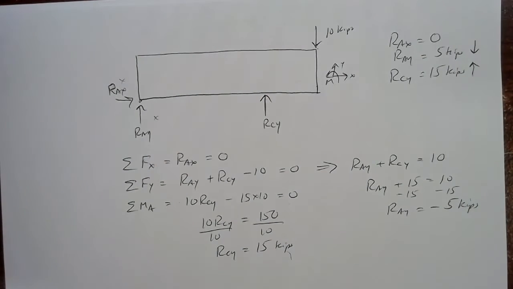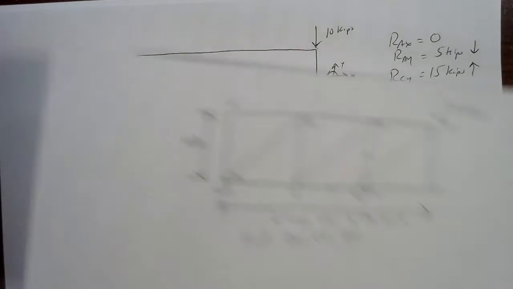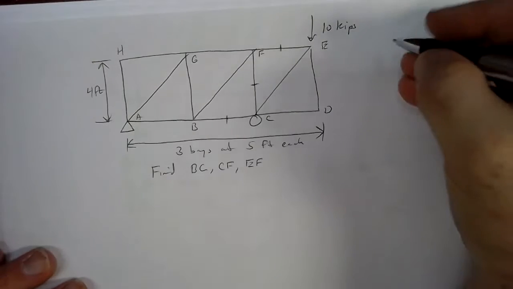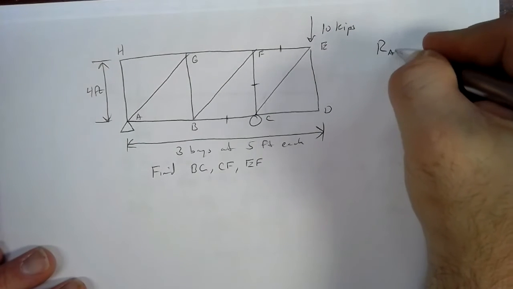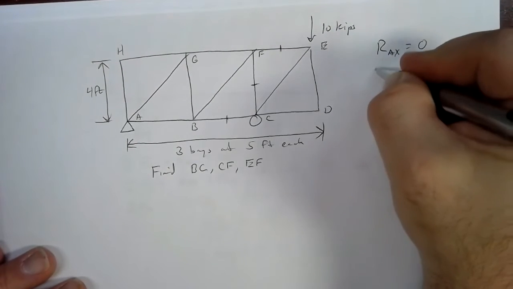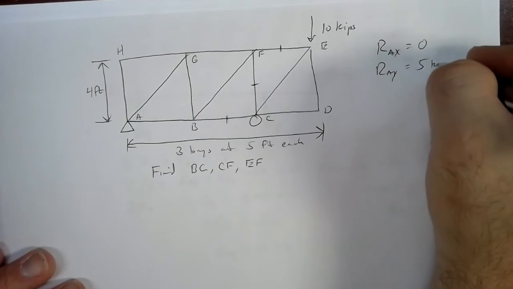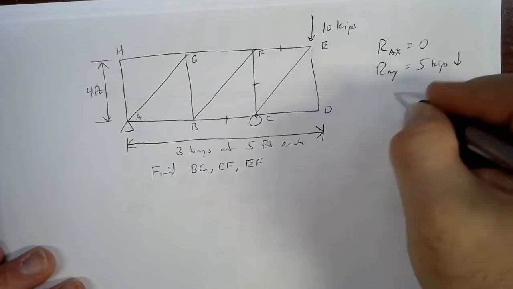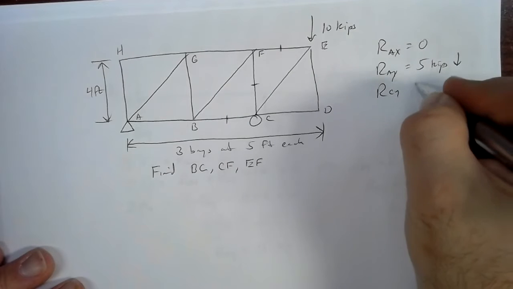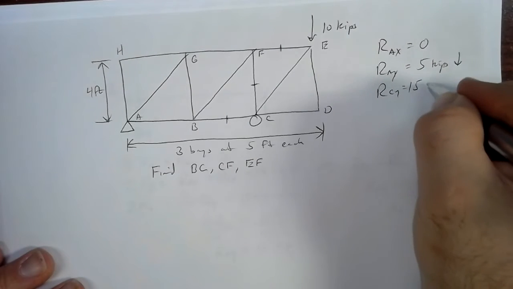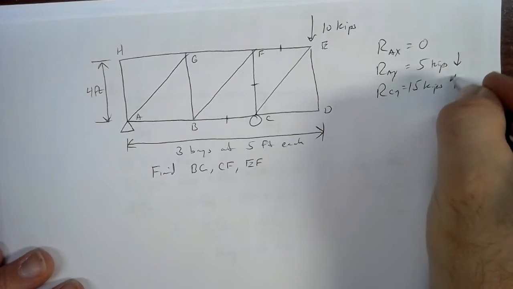So those are our reactions. I'll go and label those out here in our original drawing. RAX is 0. RAY is 5 kips down. And RCY is 15 kips up.